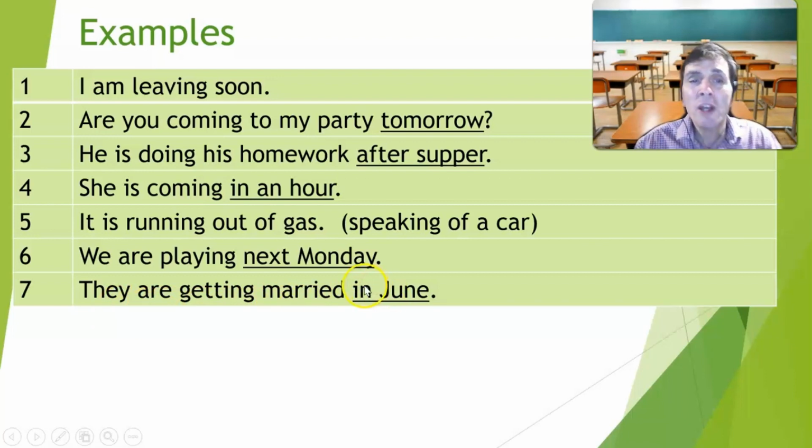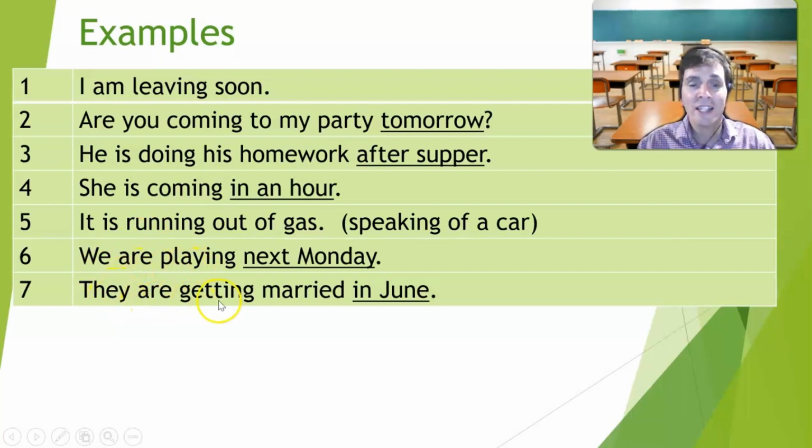So again, here we are using the present continuous. I am leaving. Are you coming? He is doing. She is coming. It is running. We are playing.